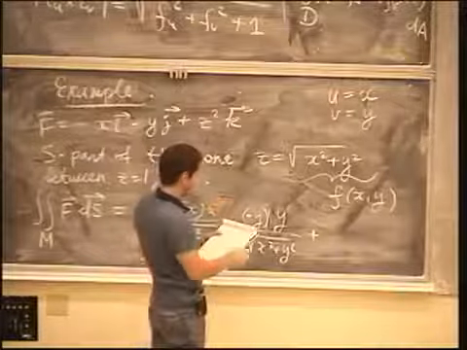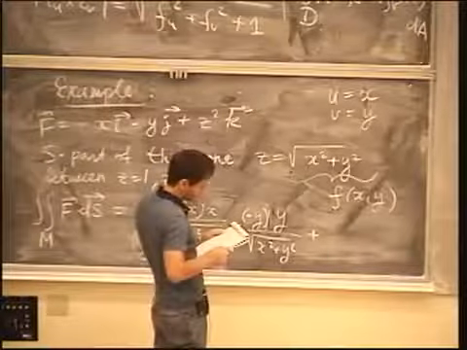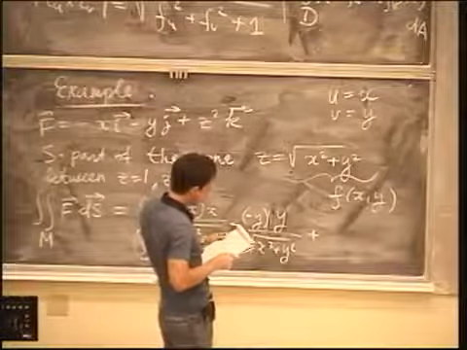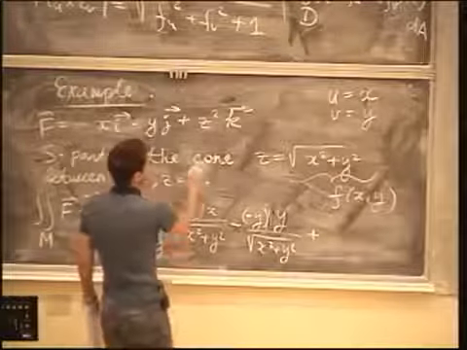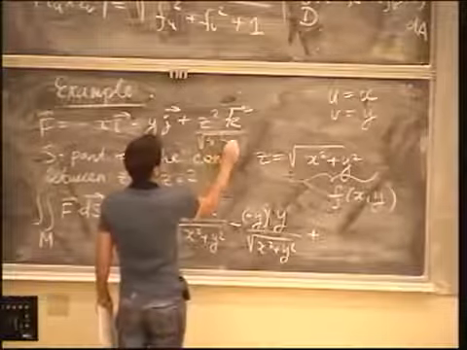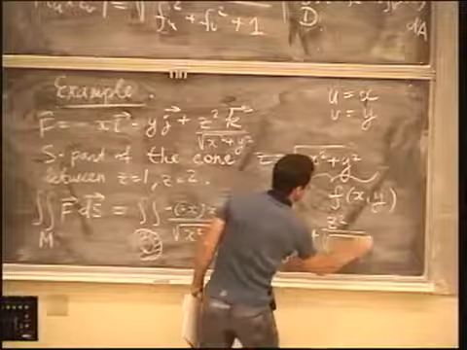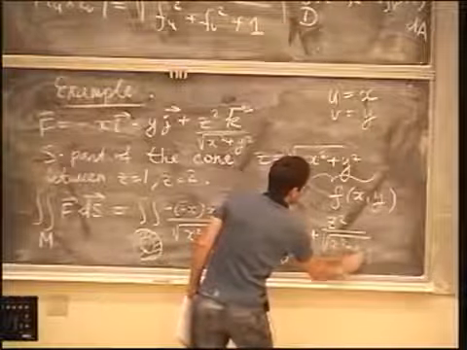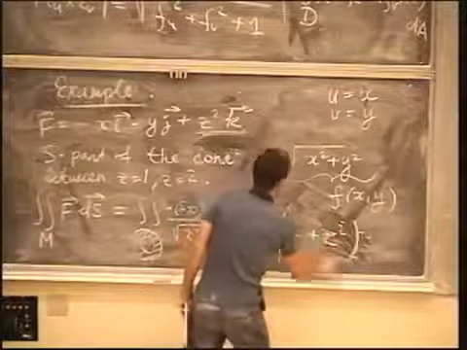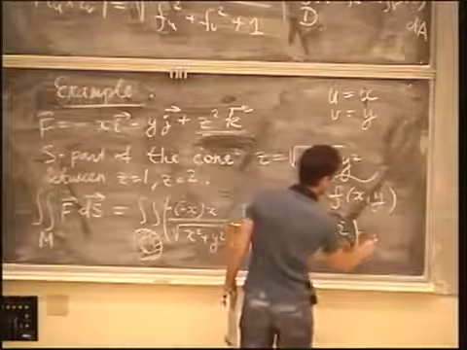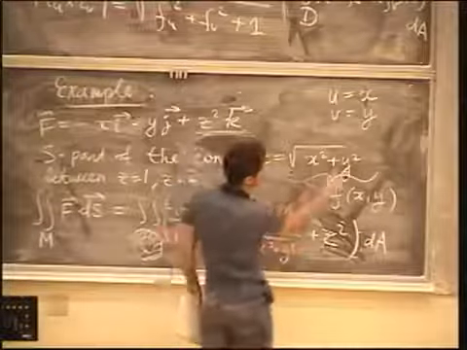So the last one is z squared divided by square root of x squared plus y squared. Actually, no, it's okay. Let's just do it this way. So you get plus z squared dA. Okay?